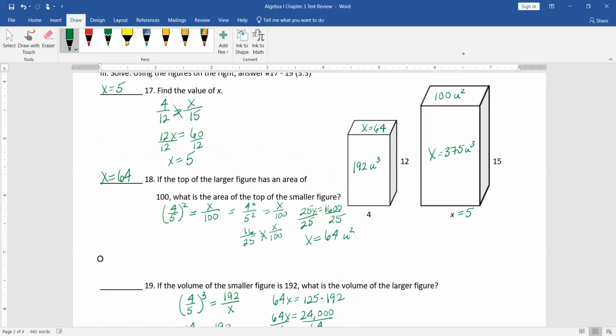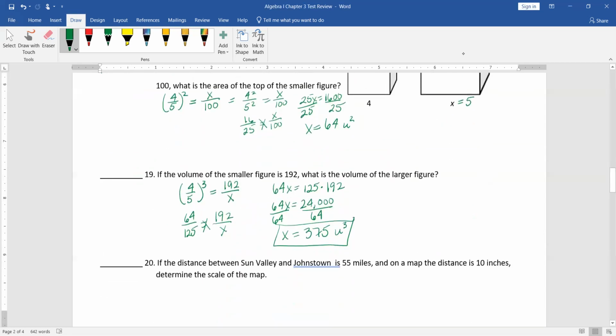If the volume of the smaller figure is 192, it makes sense that the larger one is significantly bigger, but not thousands bigger. So 375 is proportional. If you know that the area of the larger one is 100, then the area of the smaller one should be smaller. So 64 makes sense. Just look at those and you'll know that you've done it correctly. So in this case, x equals 375.